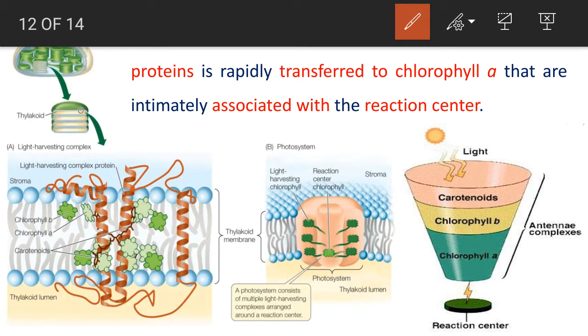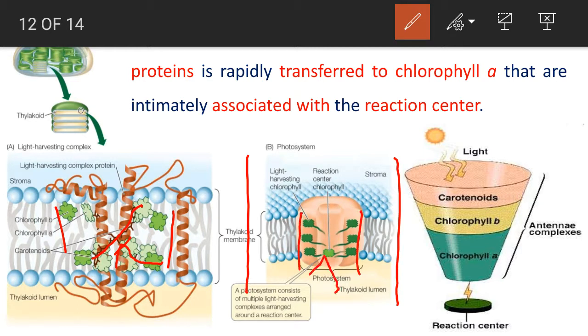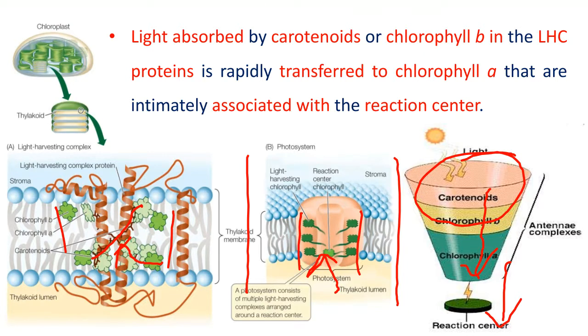The accessory pigments trap the energy and transfer it to the essential pigment, that is chlorophyll A. The same thing you can see here in the diagrammatic representation. This is how carotenoid and chlorophyll B trap the maximum amount of energy, transfer it to chlorophyll A and then to the reaction center. This is how the pigment system works to optimize the absorption of light energy.